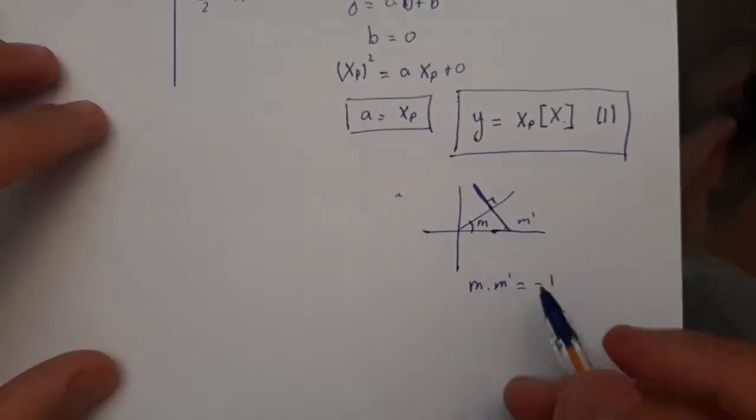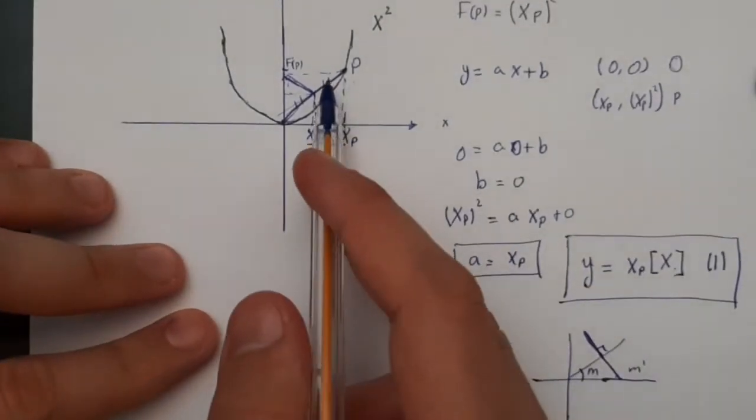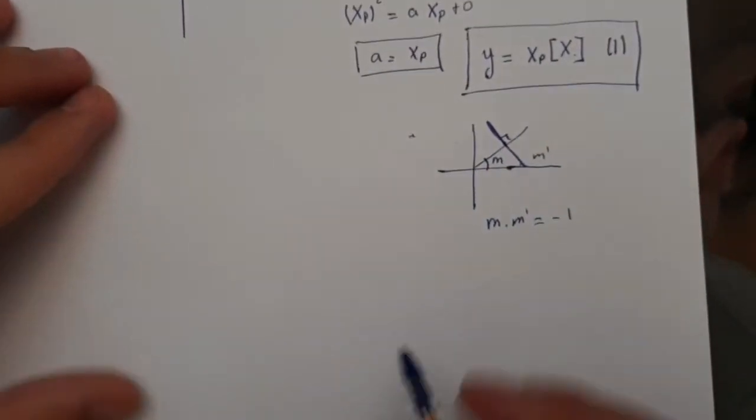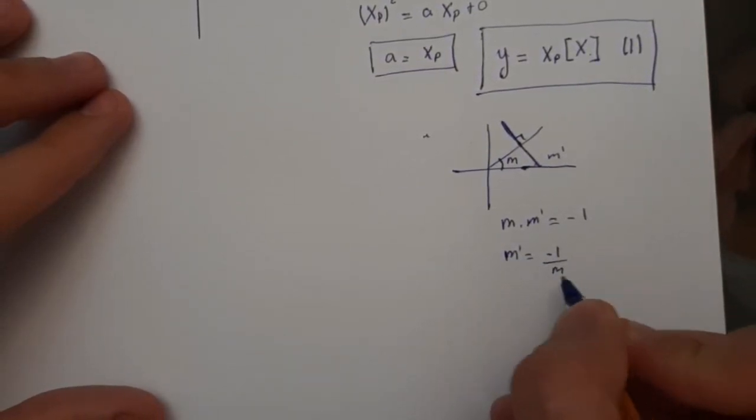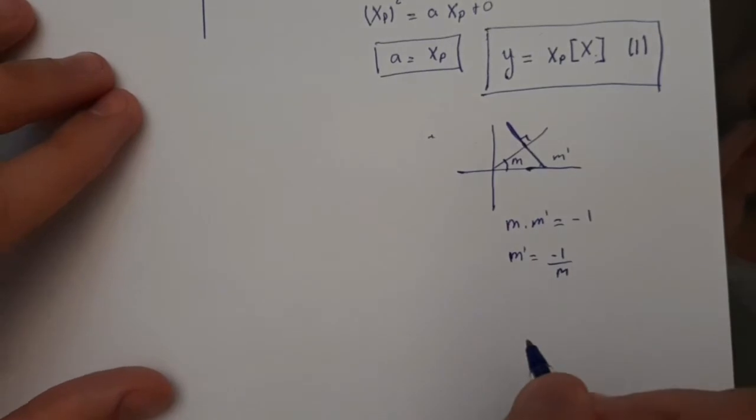So the linear coefficient of this perpendicular line, m', is equal to -1 divided by m. You need to remember this from analytic geometry.